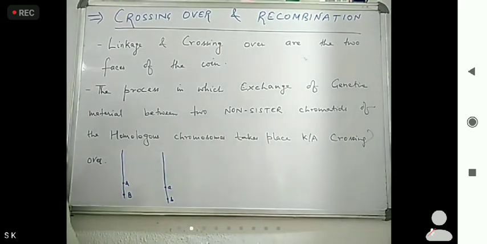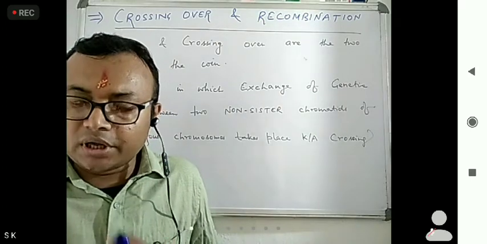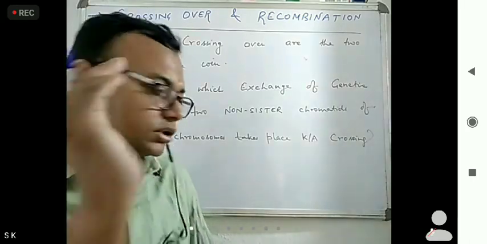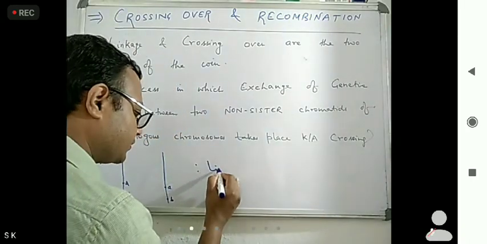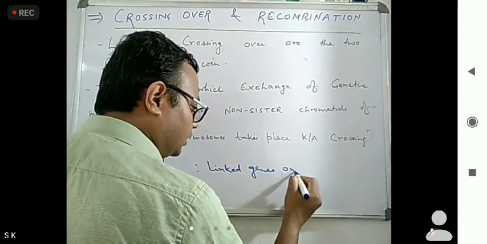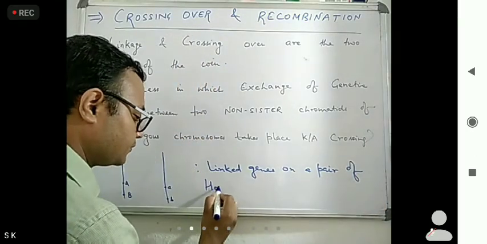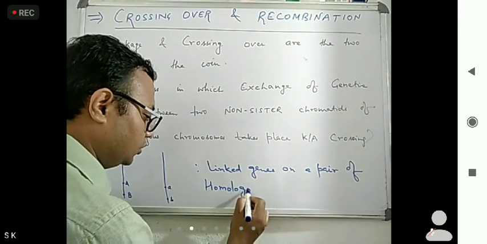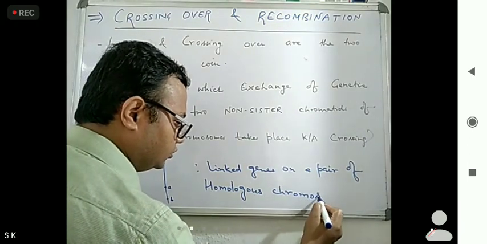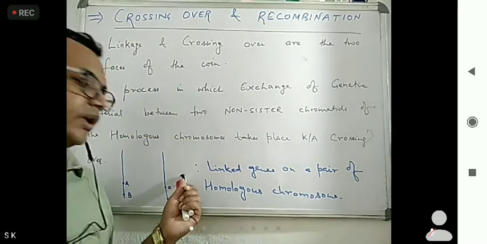So this shows linked genes on a pair of homologous chromosomes.